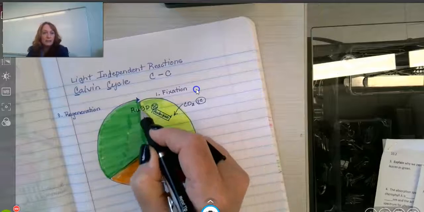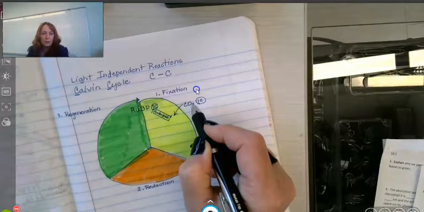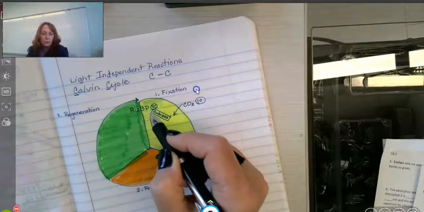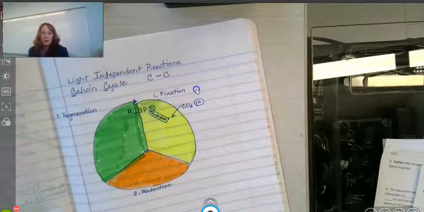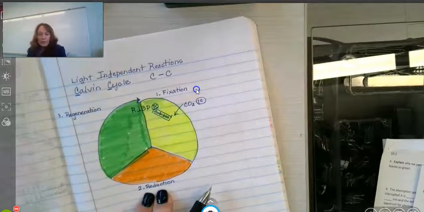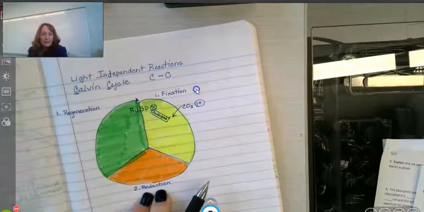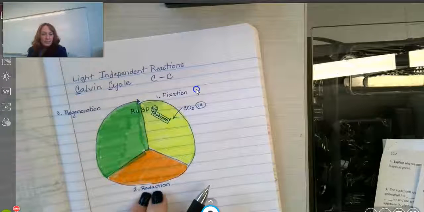Rubisco's an enzyme. Its job is to put these two together, carbon dioxide with your precursor RuBP. So that's the whole process of fixation. A whole lot of yellow for a whole little bunch of stuff. Reduction tells me that I'm going to be adding electrons.